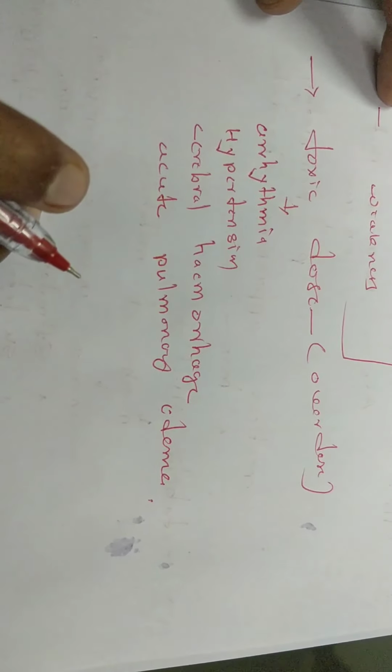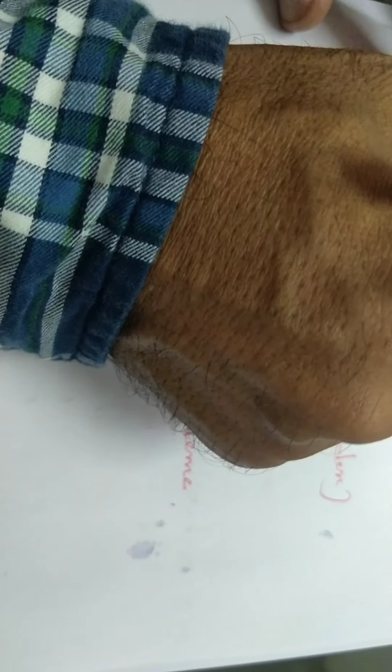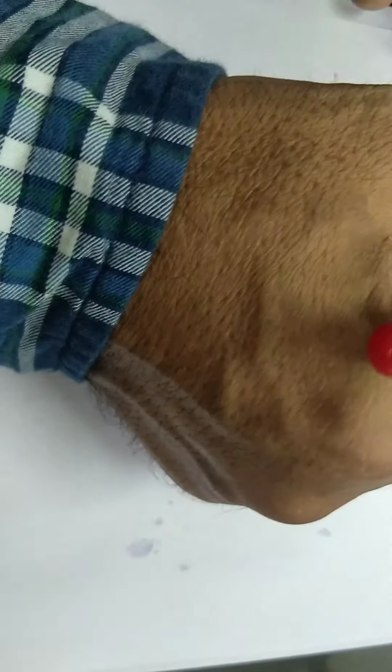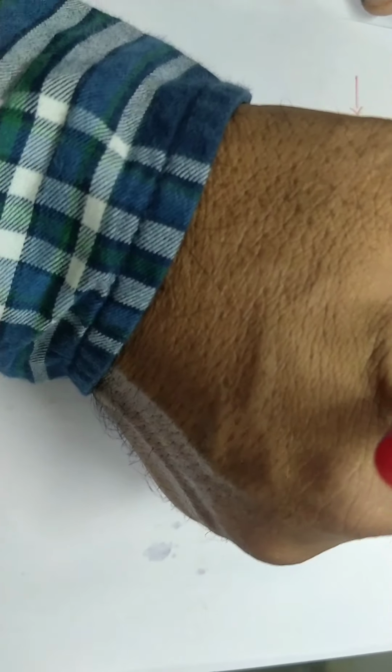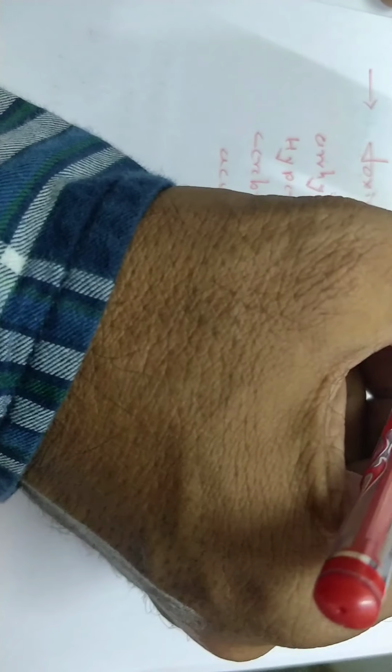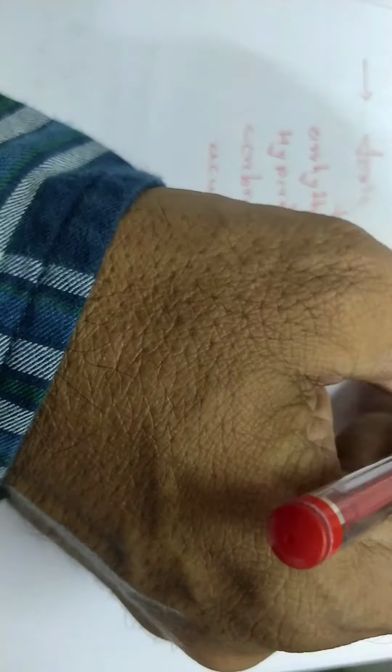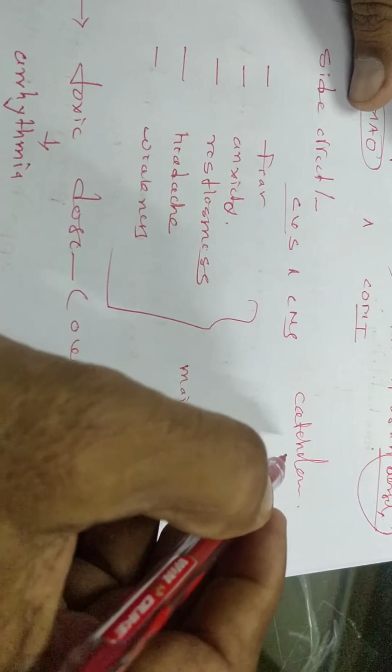Side effect is caused generally by action on the CVS and the CNS: fear, apprehension, anxiety, worry, restlessness, throbbing headache, and weakness. That is the main side effects of the catecholamines, all the catecholamines, that is adrenaline, noradrenaline, isoprenaline.